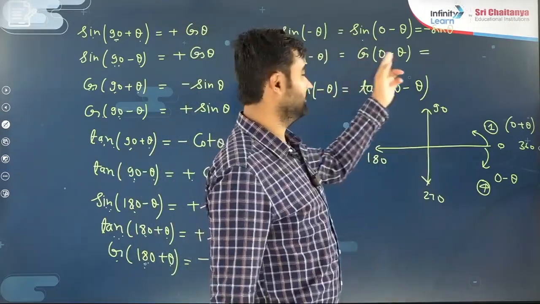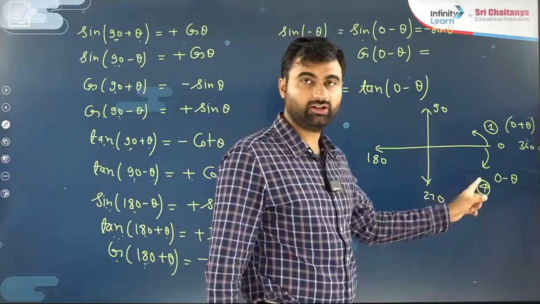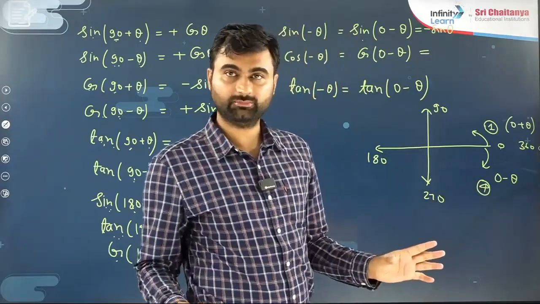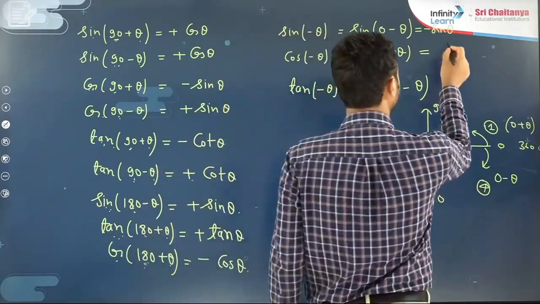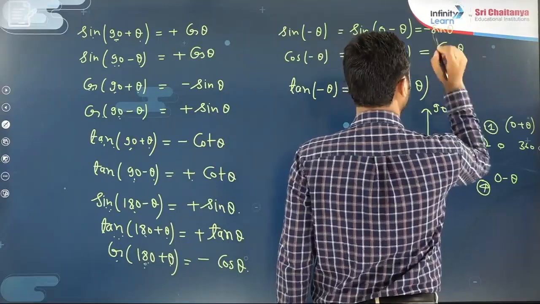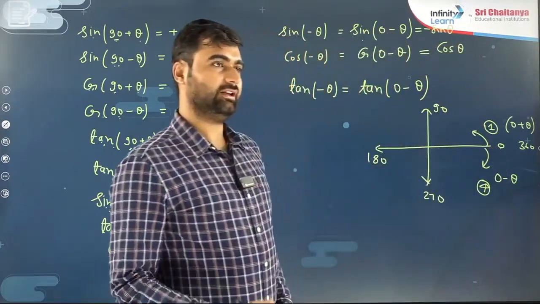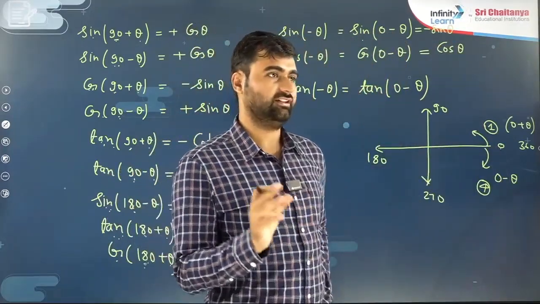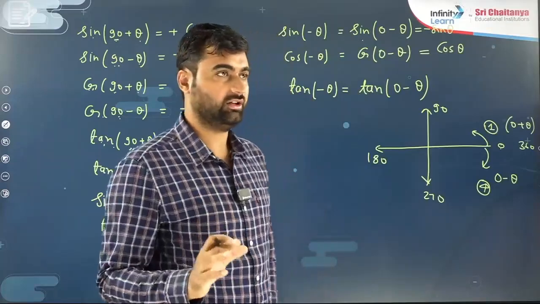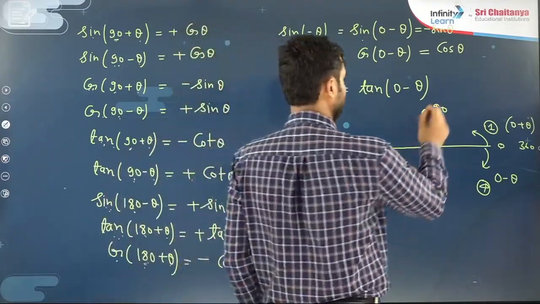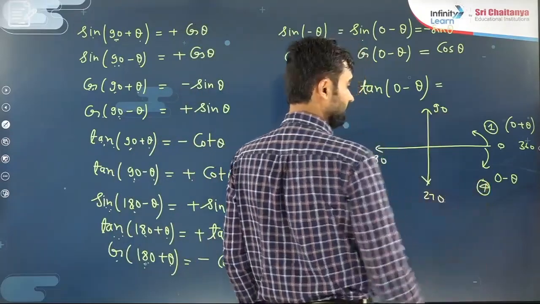Now cos 0 minus theta means fourth quadrant. Fourth quadrant cos theta positive. That's why here cos theta positive value. Here many students did mistake. It is positive, na? It is not negative. Tan minus theta. So again 0 minus theta fourth quadrant.